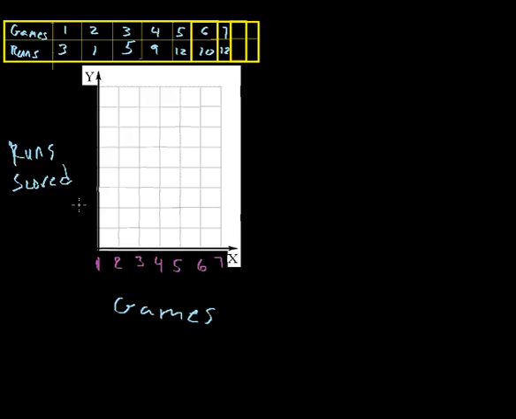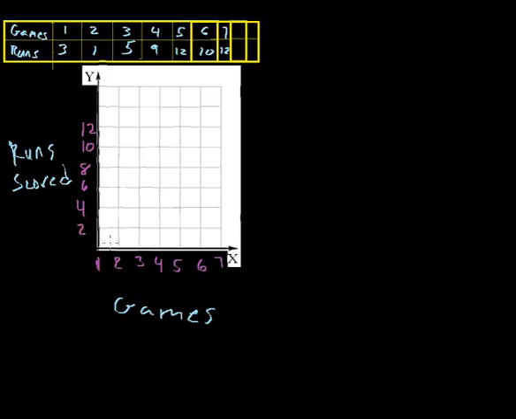Now I'm going to cut these up into intervals of 2 here. So this will be 2, 4, 6, and 8, 10, and 12.